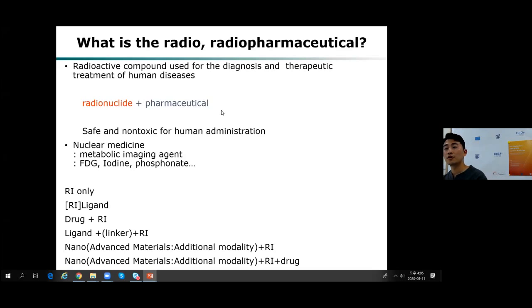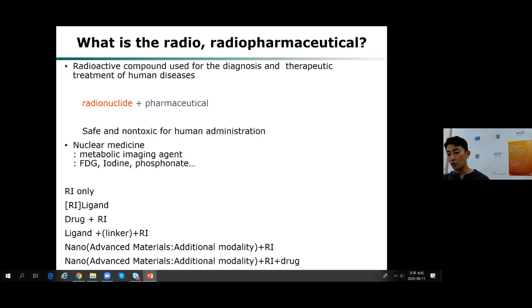A more impressive property is that it is really safe and non-toxic for human administration. The traditional nuclear medicine imaging agents were normally used as metabolic imaging agents, for example FDG, iodine, and phosphonate conjugates labeled with technetium or rhenium.